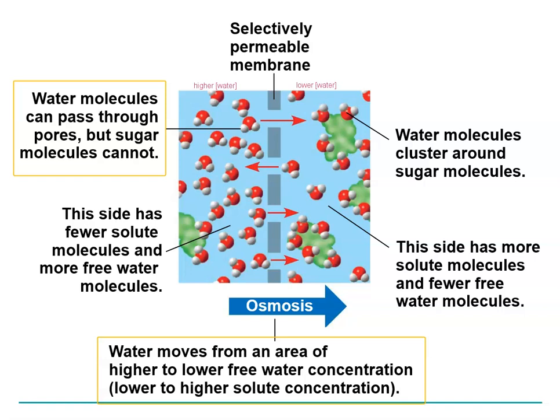But if you wanted to look at it from the perspective of the solute, focusing on this note, the side on the right has more solute molecules and fewer free water molecules. Just focus on the green blobs now. Again, that would be a sugar or the solute, whatever it might be.